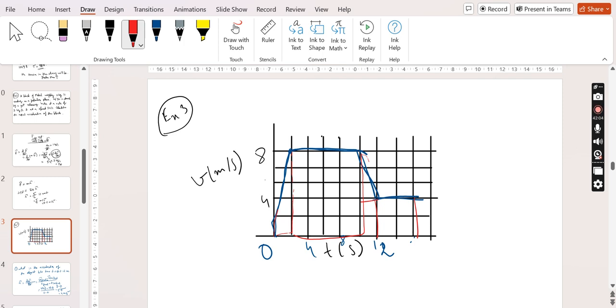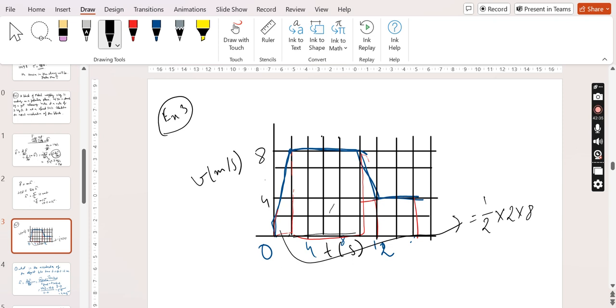Here I made a mistake. I should remove this; these two lines should be equal in space. That is my mistake. So here, the area is half of 2 into 8.